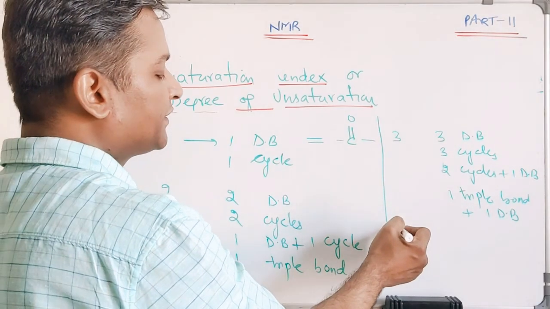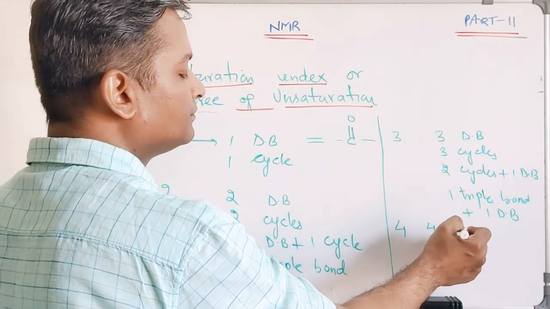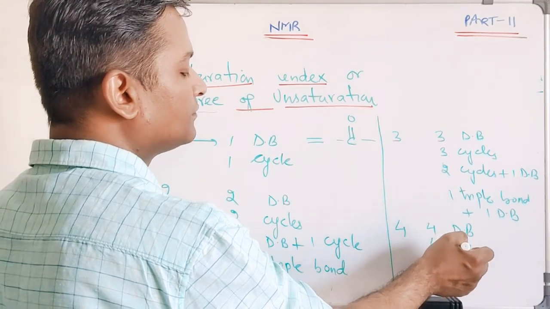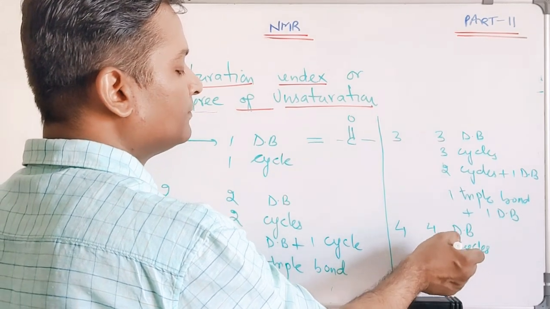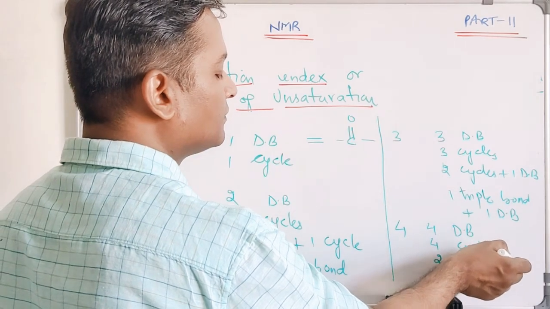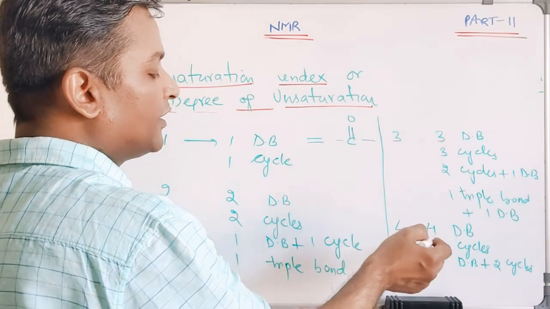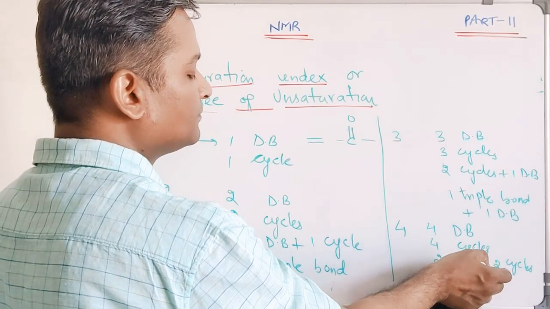If the unsaturation index is equal to 4, it means 4 double bonds, or 4 cycles in your compound, or 2 double bonds plus 2 cycles, and different combinations. It means 3 double bonds plus 1 cycle.